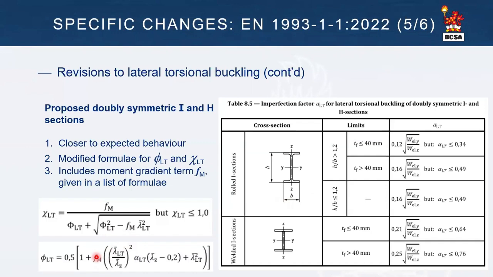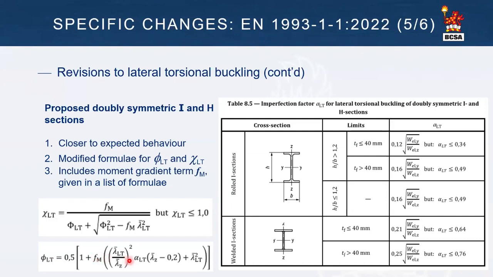The code tells you that you can conservatively take this factor as 1 in cases that cannot be approximated by the diagrams given in table 8.6. I'm not showing that here, but you can see more favorable values for f_m in case you know the shape of the moment diagram and it fits in table 8.6.